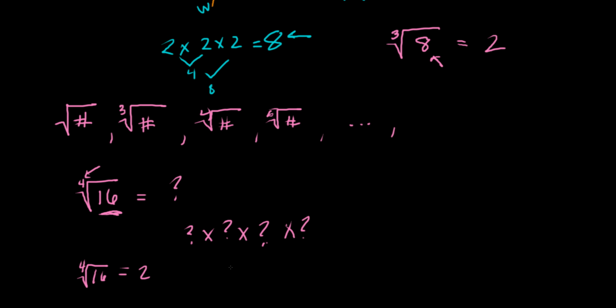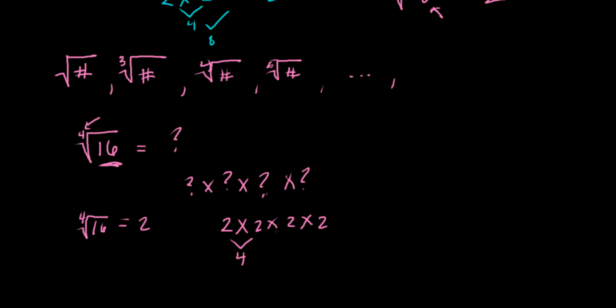And if you don't believe me, we can do it right now. If we do 2 times 2 times 2 times 2, we get 16. How? Well, let's look at this real quick. 2 times 2 is 4. 4 times 2 is 8, and 8 times 2 is 16.